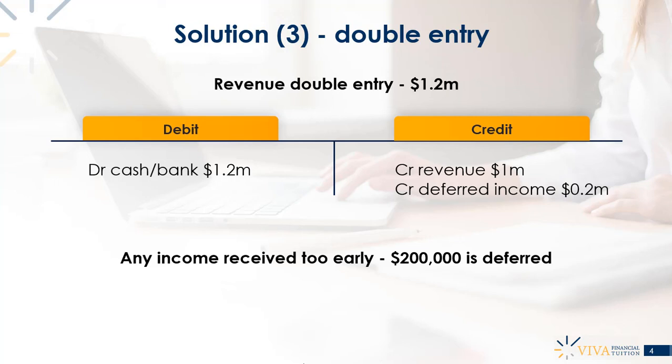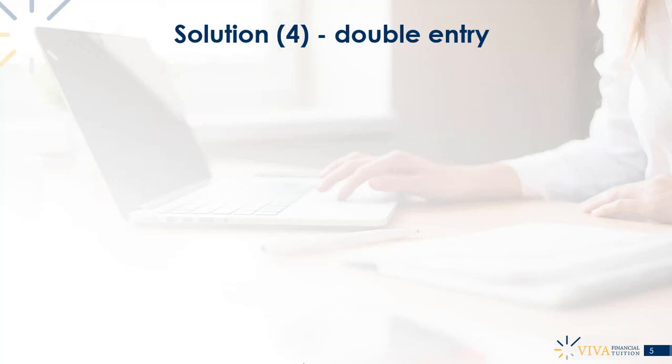And as you can see right at the bottom, any income received too early, which is the case with the $0.2 million, is deferred. Now that $0.2 million is going to help with our cash flow, but it's not going to help with our profit, not this year anyway, because it's recognised next year. What then happens next year is we do what's called releasing the deferred income.